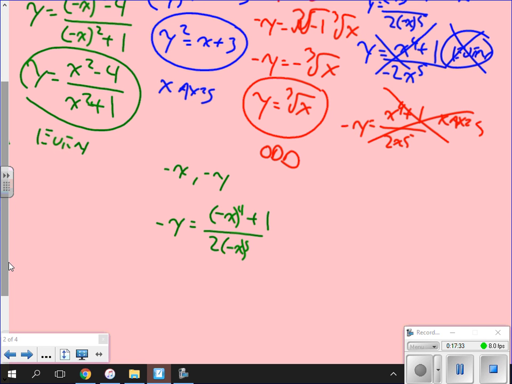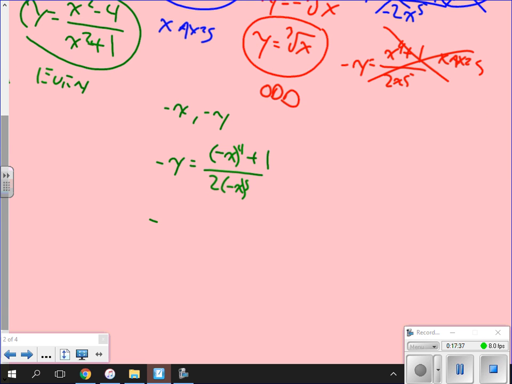It's the same as x to the fourth, right? So I have negative y equals x to the fourth plus 1 over negative 2x to the fifth. And if I multiply both sides by negative 1, this becomes positive, that becomes positive, and look what I did.